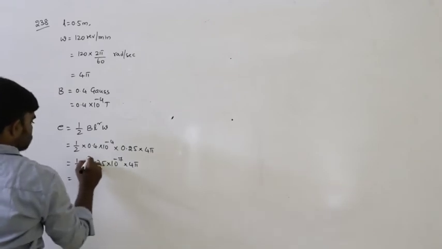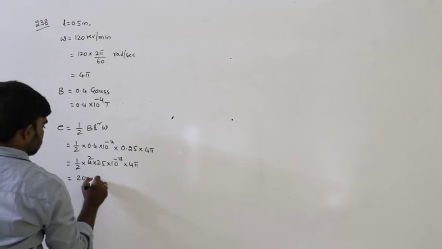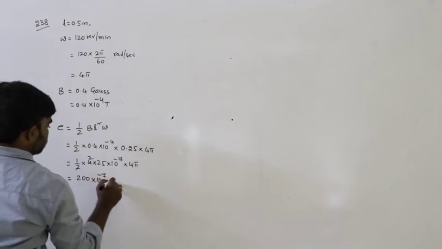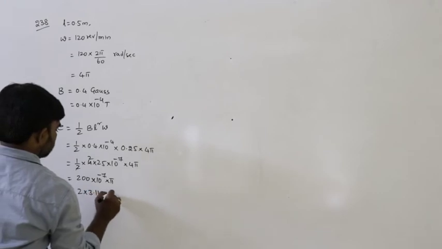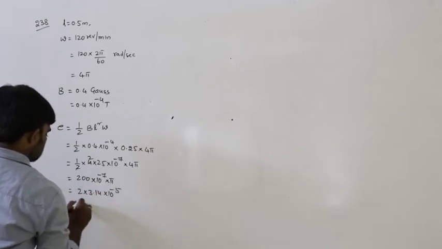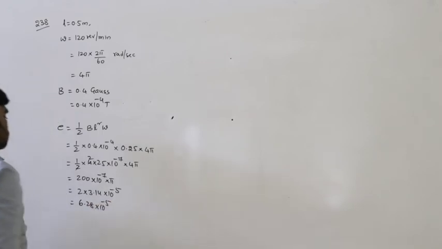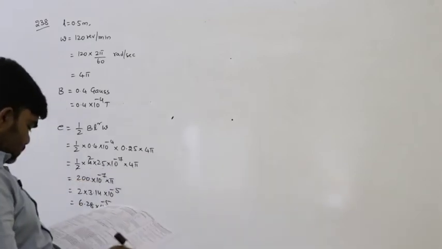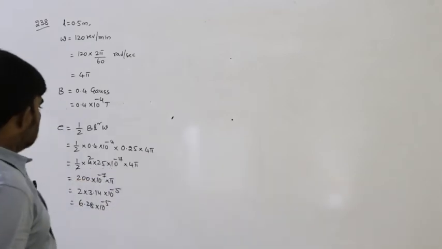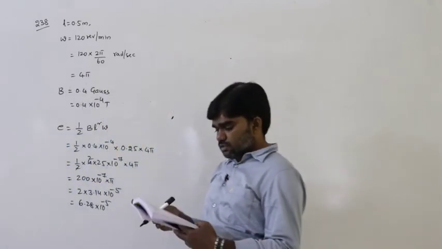So that is 200 into 10 to the power of minus 7 into pi, which is 2 pi into 10 to the power of minus 5, so 6.28 into 10 to the power of minus 5 volts. Whatever the number of spokes may be, the same amount of EMF is developed.